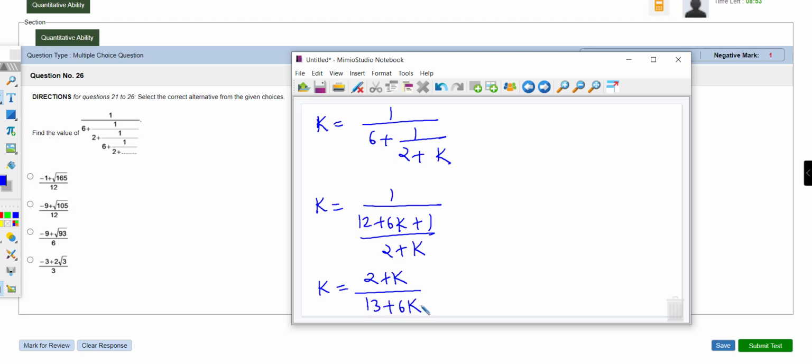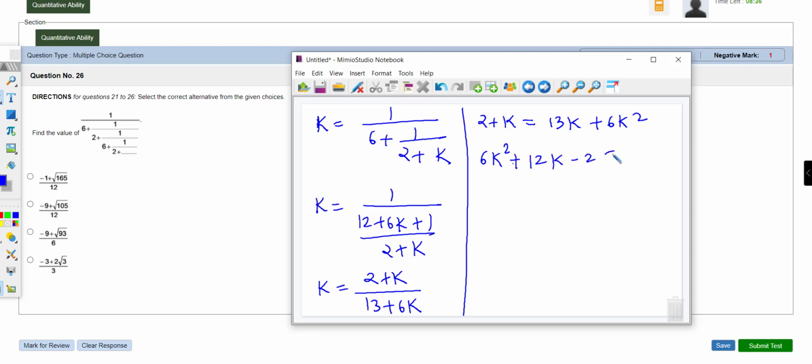So 2 plus k is equal to 13k plus 6k square. So 6k square plus 12k minus 2 is equal to 0, divided by 2. Okay, so we will be getting 3k square plus 6k minus 1 is equal to 0.